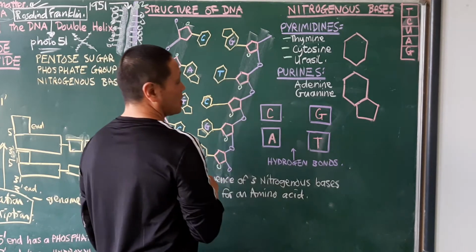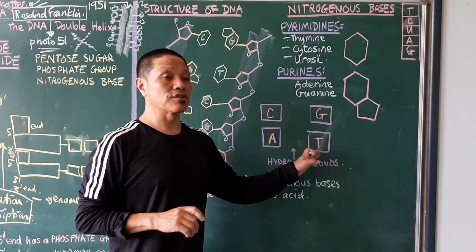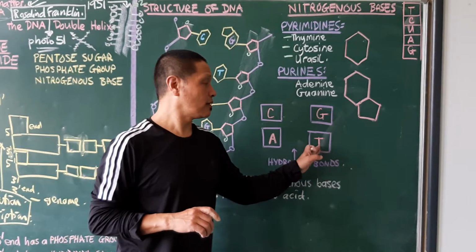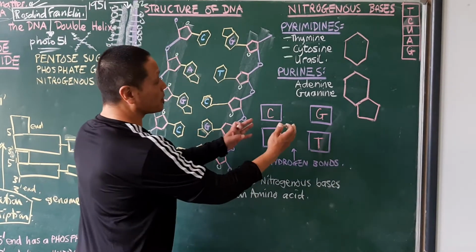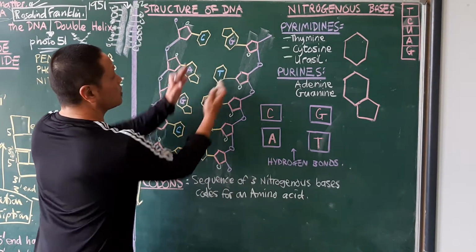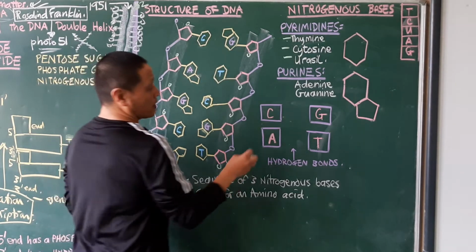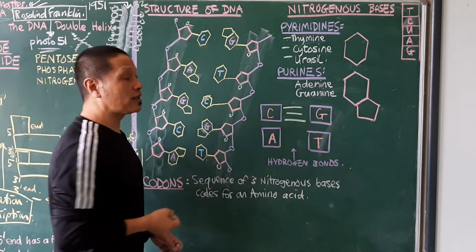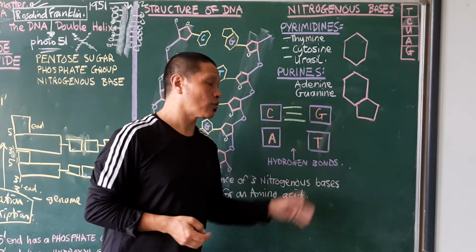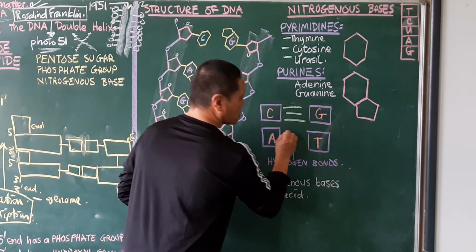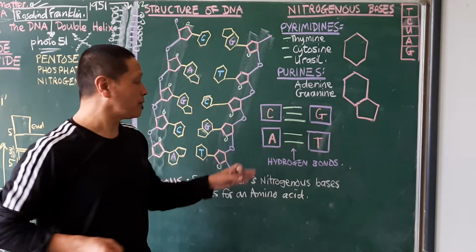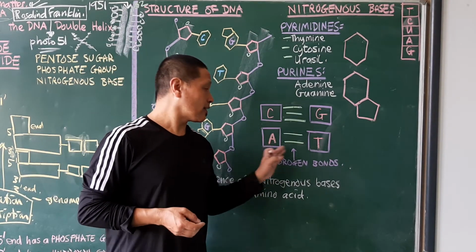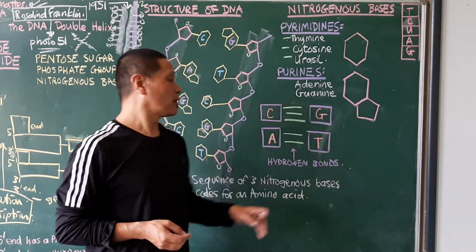And apples on trees, A always goes with T. Now we were talking about hydrogen bonds between nitrogenous bases. There's always a triple hydrogen bond between C and G, cytosine and guanine, and there's a double hydrogen bond between adenine and thymine.